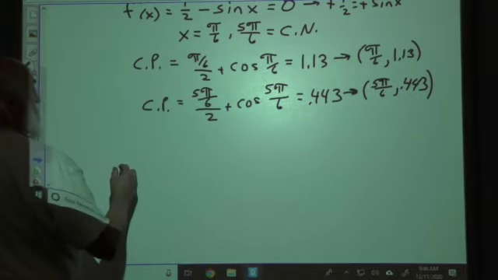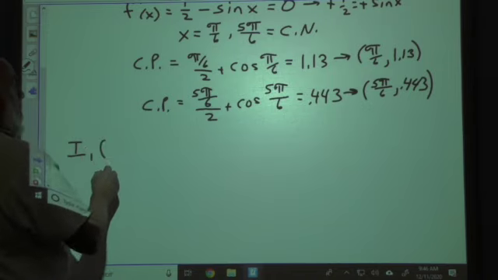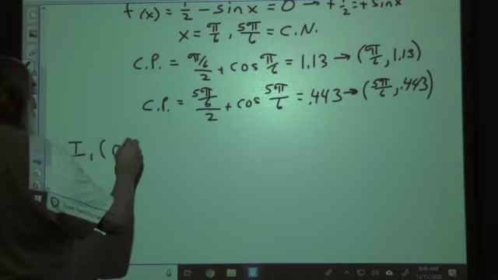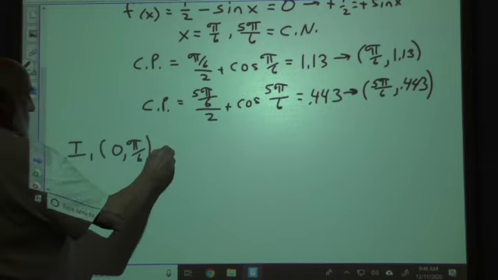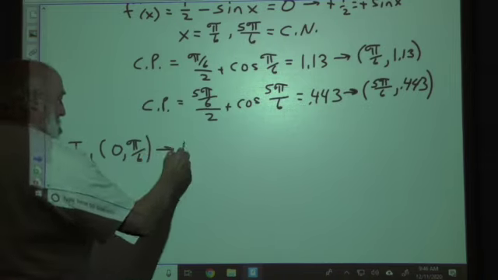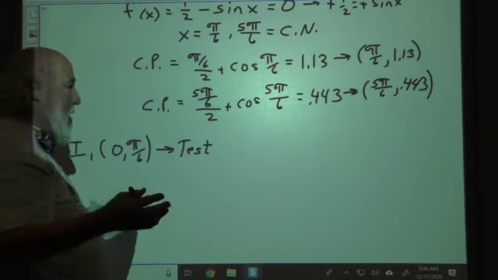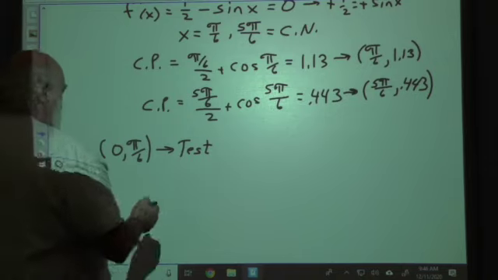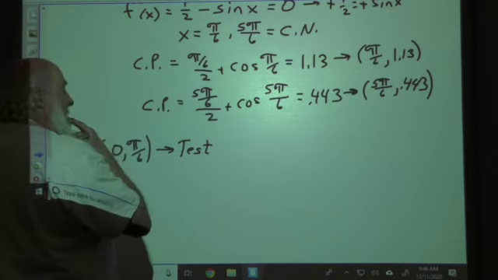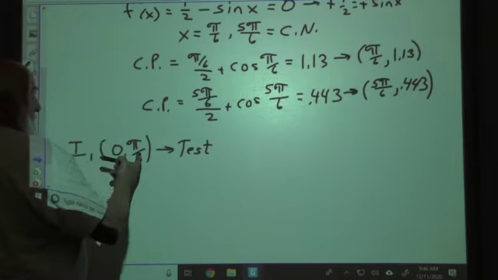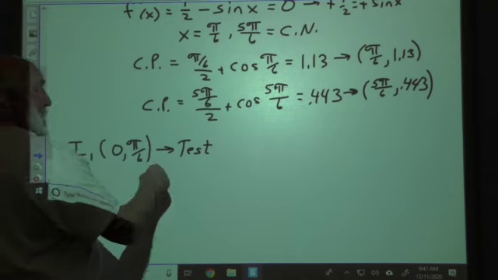Interval 1, from 0 to pi over 6. We're going to pick a number between those and test it to see if we get a positive or negative value, to see if it's increasing or decreasing. I'll take half of this, right in the middle, so you just divide the denominator by 2 and get pi over 12.